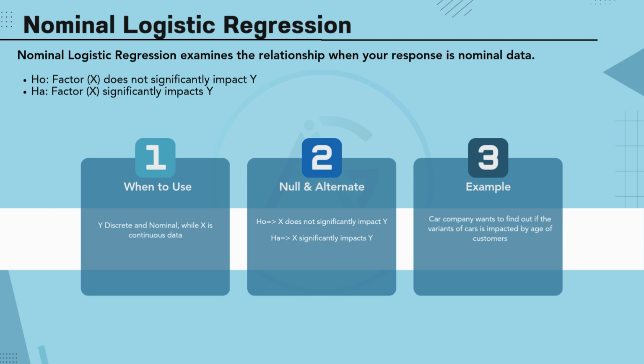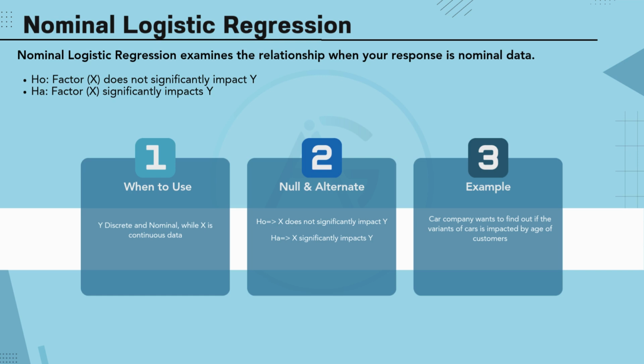Null and alternate hypotheses. H0, null hypothesis: the predictor X does not significantly impact the outcome Y. Alternate hypothesis: the predictor X does significantly impact the outcome Y. Example. Consider a car company trying to determine if car variant preference is influenced by the age of the customer.